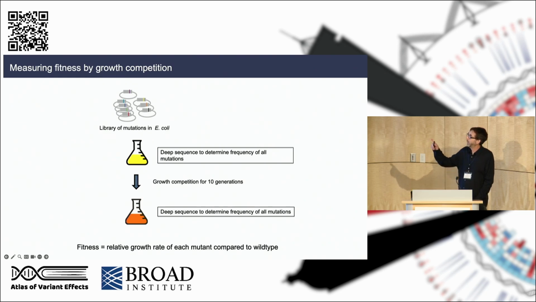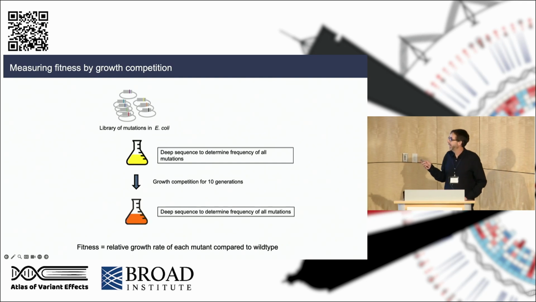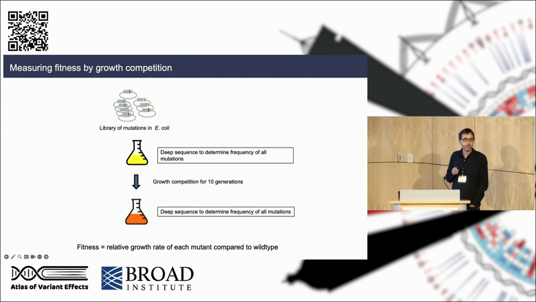So what we do is the gene that we're interested in is on a plasmid. It is under the control of an inducible promoter, so we're not expressing. We grow the cells exponentially. Then at time 0, we start expression of the protein. We take a sample, we do deep mutational scanning, we sequence that.